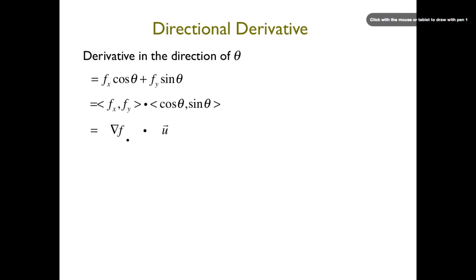And the gradient of f is a vector of the partial derivatives. Okay, that's what you have to remember. The gradient of f is a vector of the partial derivatives. The vector of cosine and sine is our unit vector in the direction that we want to find the rate of change.